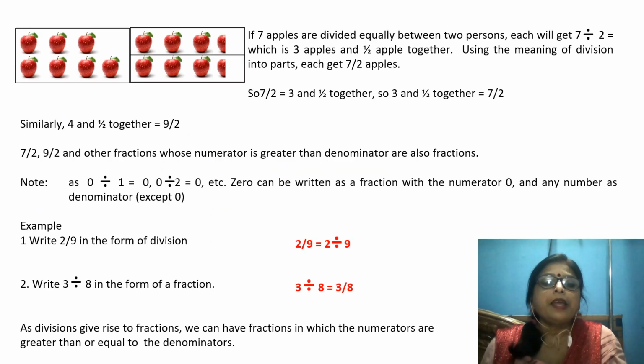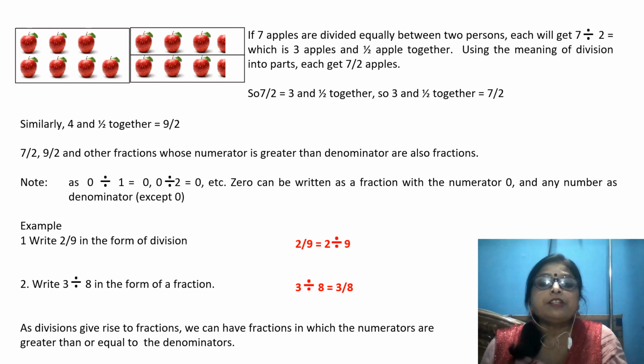Dear students, in this picture, you can see that 7 apples are there and you have to distribute these 7 apples equally between 2 persons. Then what will you do? You will divide the 7 apples by 2.